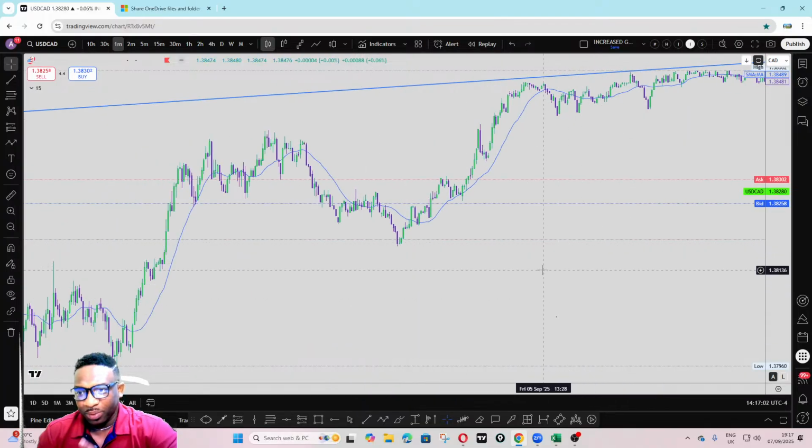So the most important thing is we've already picked on the higher time frame narrative, which is a possible uptrend or up movement. With that in mind, you only want to be aligning yourself with what the higher time frame is telling you on the lower time frame.